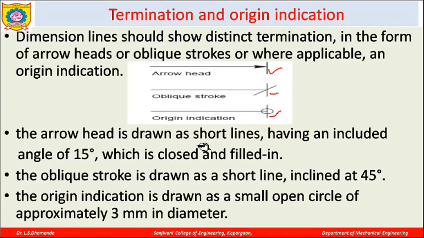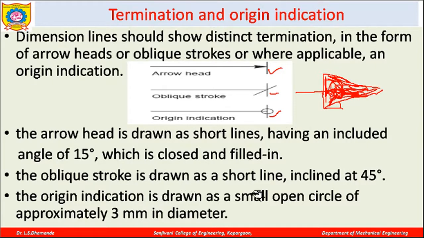The arrowhead is drawn as short lines having an included angle of 15 degrees, which is closed and filled in. So the angle generally used for drawing this arrowhead is 15 degrees, and this complete area is filled. You are going to draw this arrowhead completely dark like this, and your line is there like this.